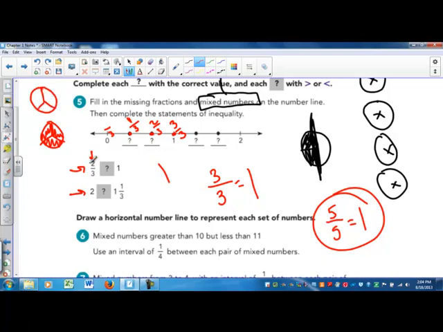Here I have 2/3 of a pizza. Here I'm saying I got an entire pizza to eat. That whole pizza is always going to be larger. So the monster, the inequality sign, is always going to be facing the bigger number, which has to be the whole number.